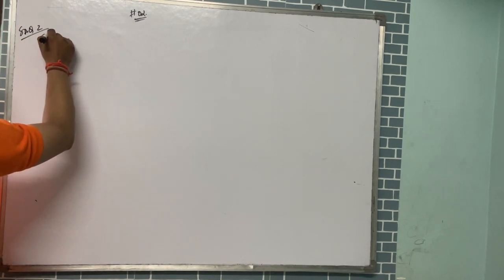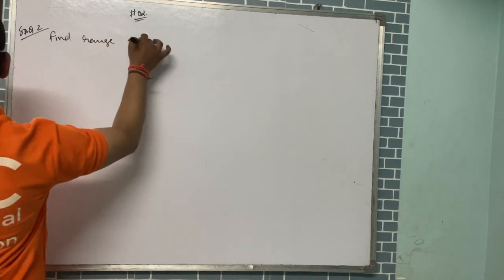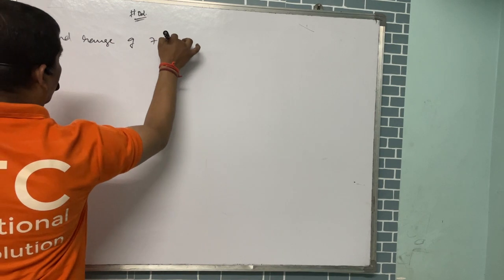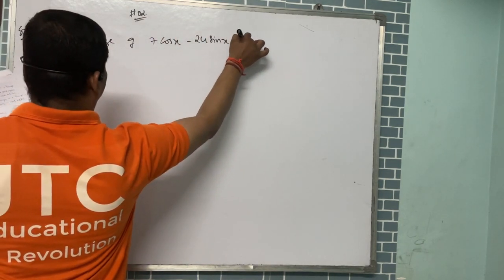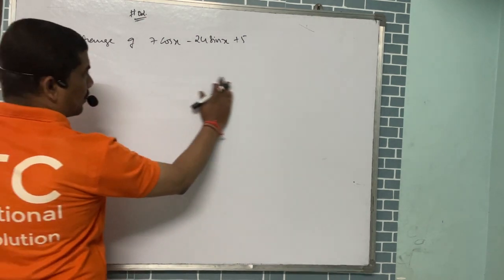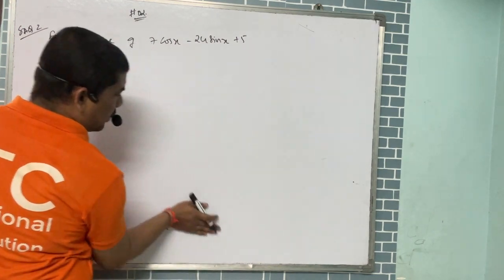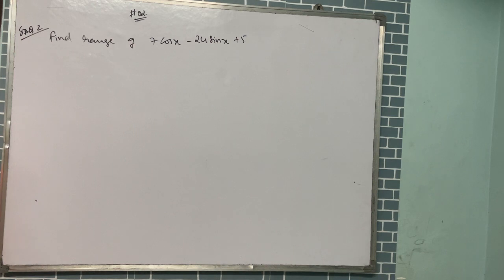Find the range of 7 cos x minus 24 sin x plus 5. So range means, you know the formula: c minus square root of a square plus b square, then c plus square root of a square plus b square.